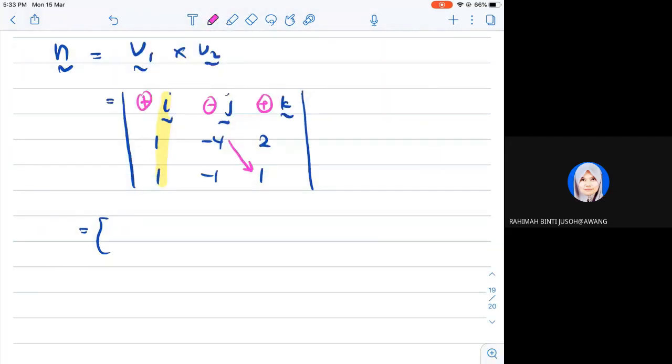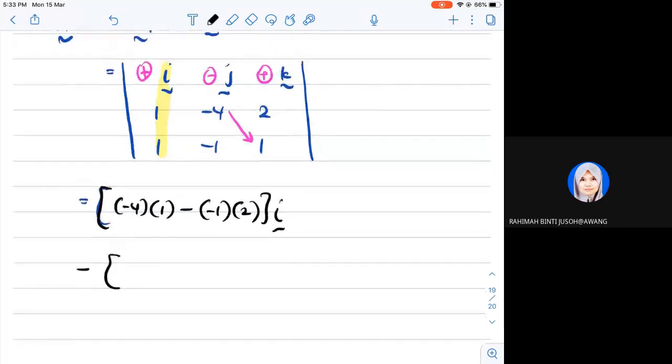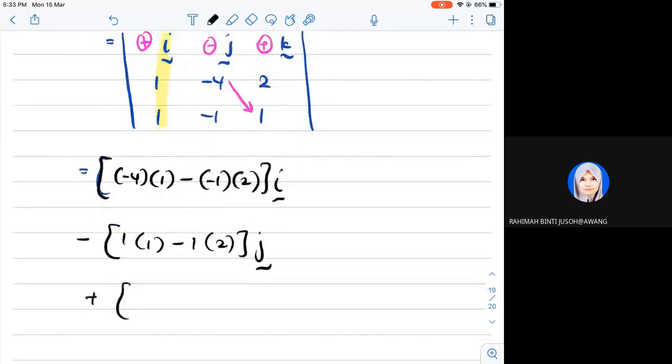So cross yang ni, -4 times 1 minus -1 times 2. This is for I. And then untuk J minus, jangan lupa letak negatif dekat depan. Close the second column, so 1 times 1 minus 1 times 2. And then K tambah balik.